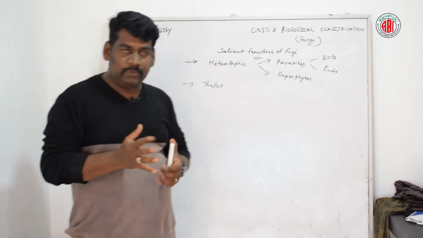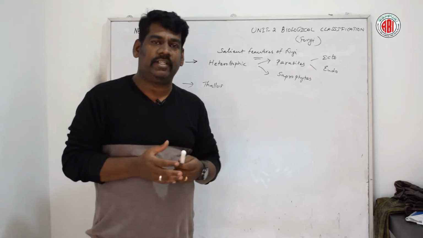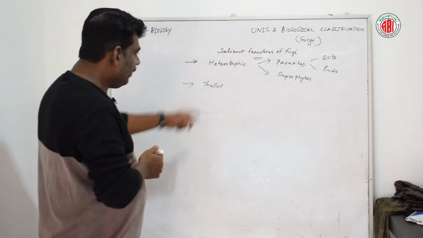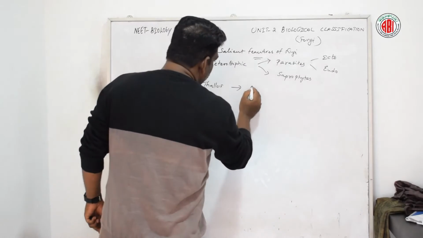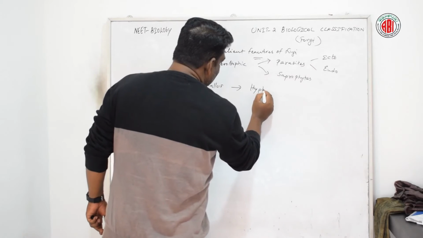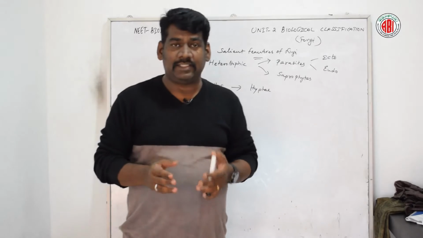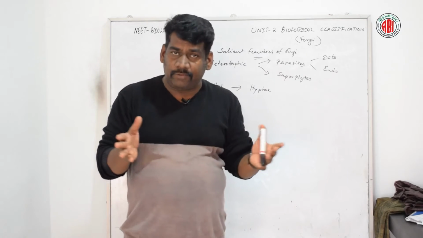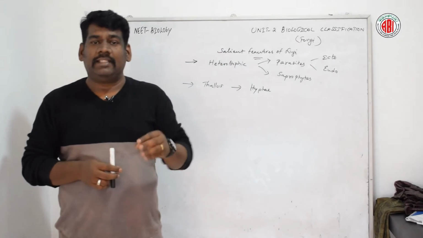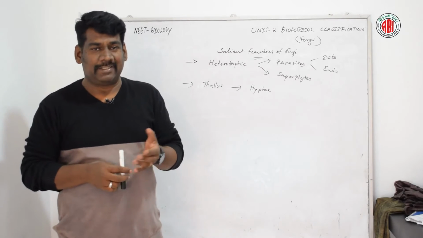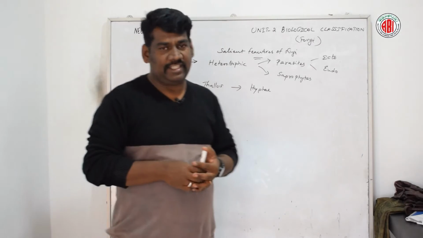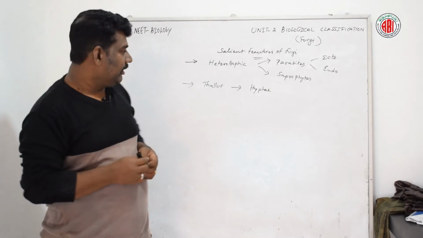Hyphae are one of the characteristic features of the fungi. They are filamentous and branch like roots or stems, a colorless filamentous structure present in this organism.